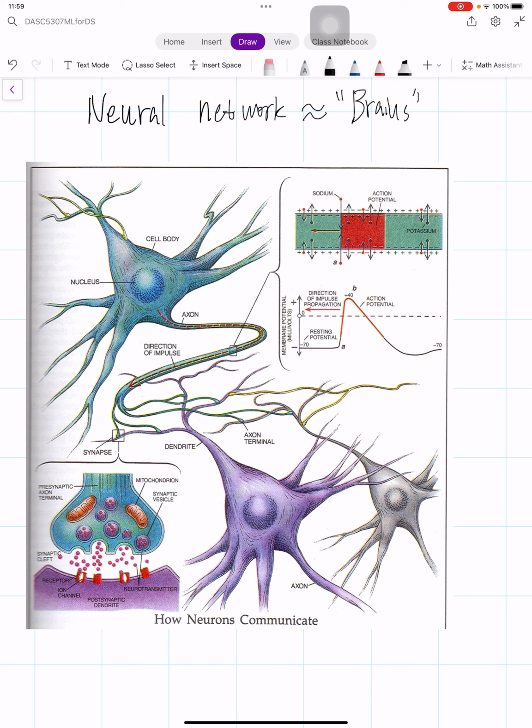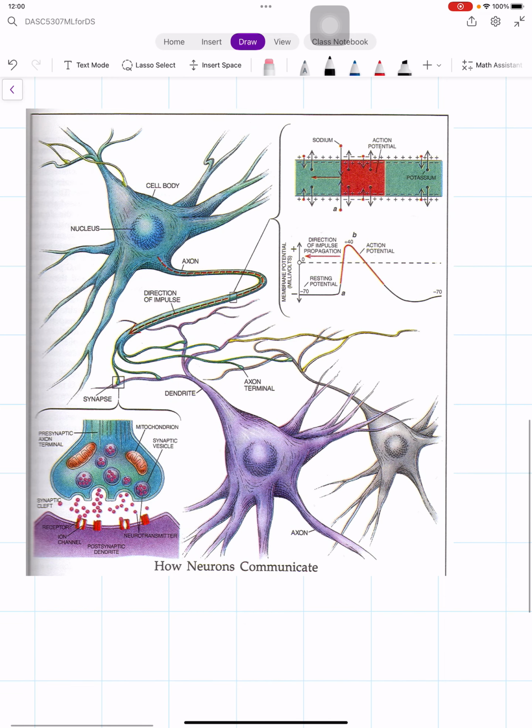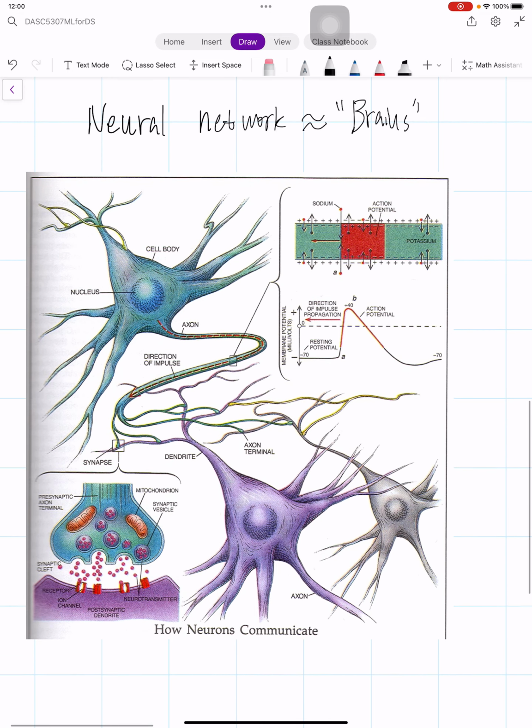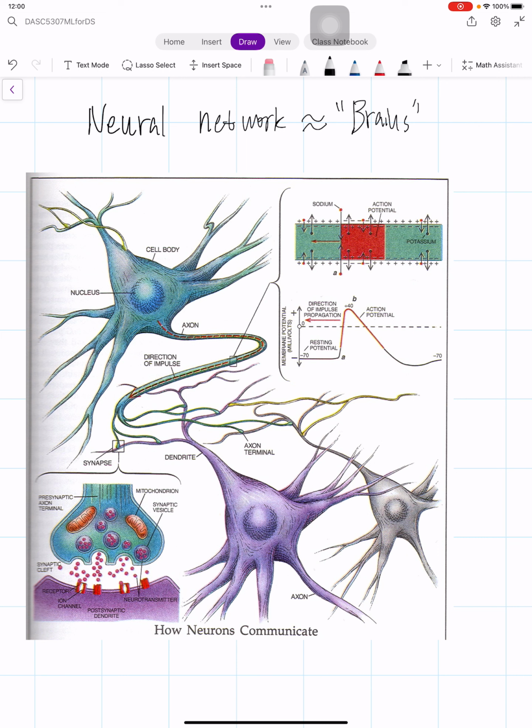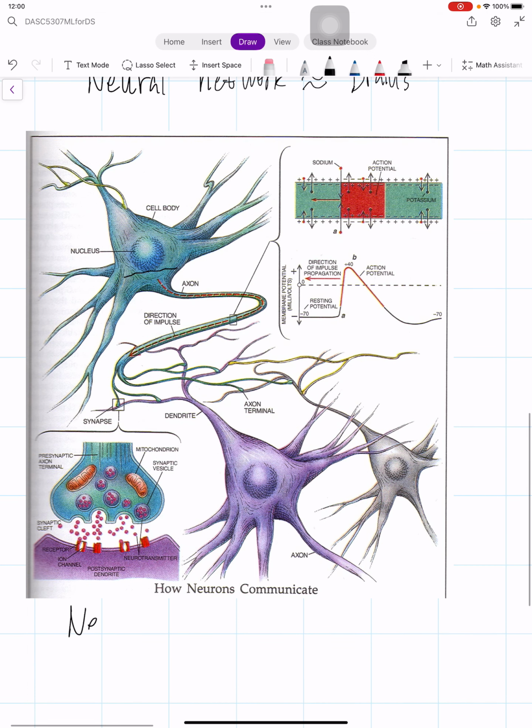The deep learning network can be thought of as each layer being neurons. A neuron is just a cell in the brain or nervous system for thinking and communication.